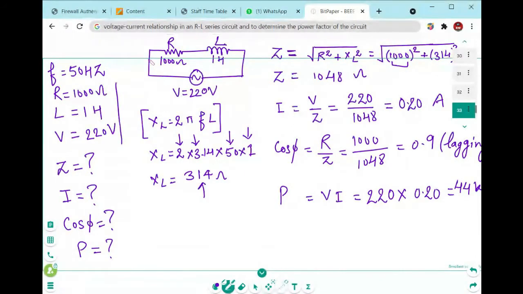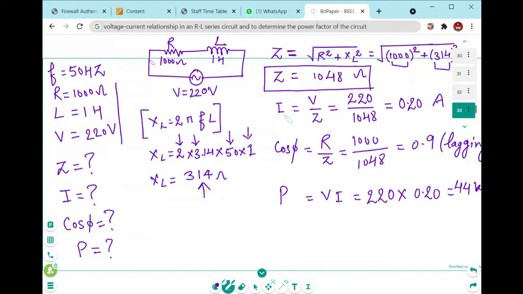We will calculate the XL value to be 314 ohm, and we will put that XL value right here. We solve this equation, and we will get the impedance value of 1048 ohm.